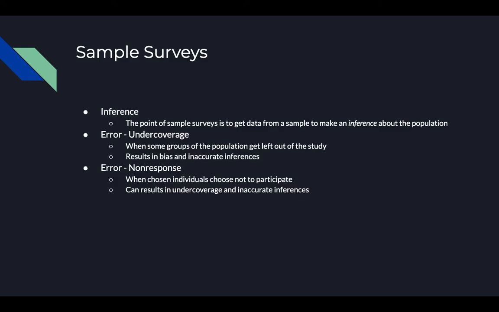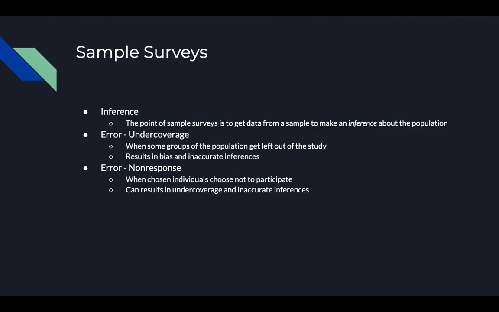Now, the reason we do sampling surveys is for inference. We get data from a sample, and we use this to make an inference about the population. There are two problems in surveys that could result in bias. The first is undercoverage, which is when some of the group of the population get left out of the study.